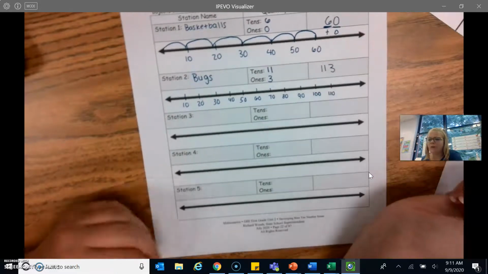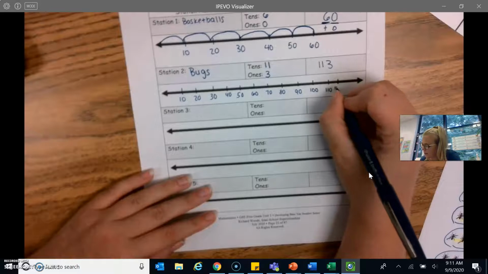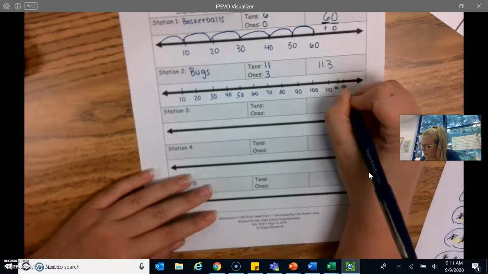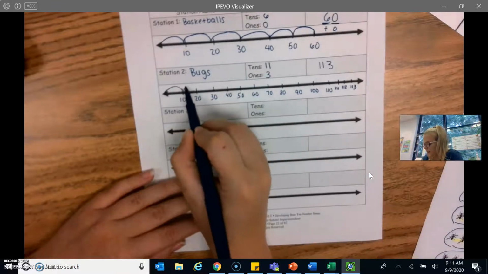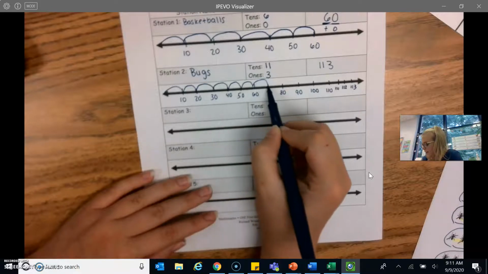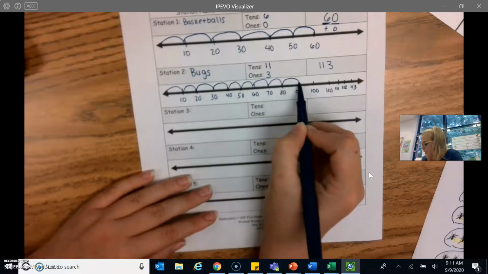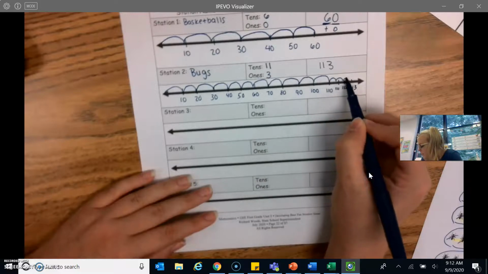Well, I could, but where am I stopping at? 113. So after 110, let's start counting by ones. 111, 112, 113.